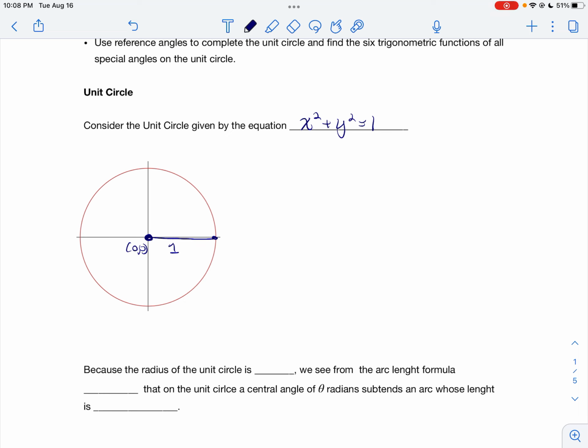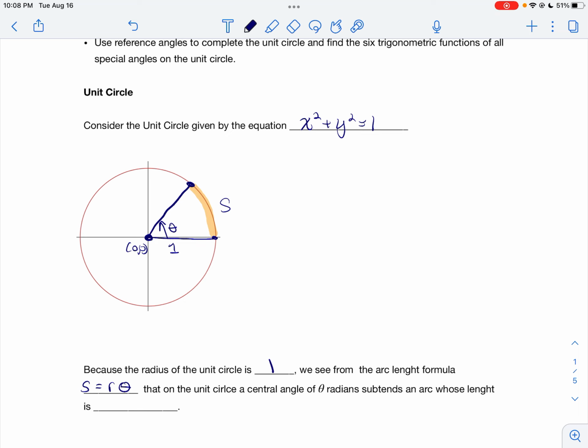Now, because the radius of the unit circle is 1, we see from the arc length formula that we learned in our last class, arc length is equal to radius times theta when theta is measured in radians. So, for example, let's say I have this angle here, and this is theta. Well, my arc length, which is S, is equal to R times theta.